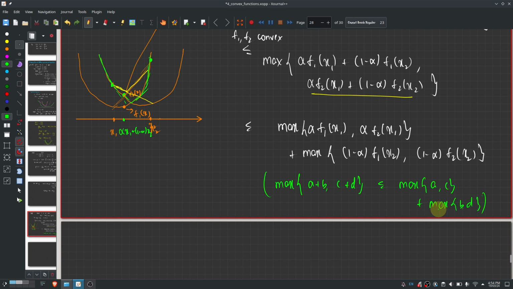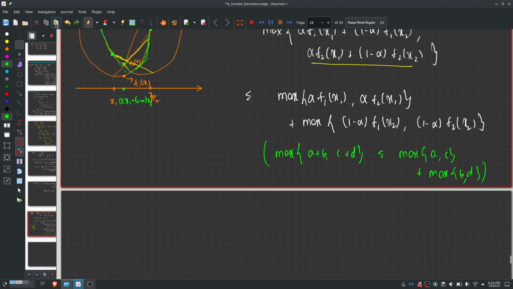It's just that. You take any four numbers a, b, c and d. The maximum of a plus b and c plus d is less than or equal to the maximum of a and c plus the maximum of b and d.